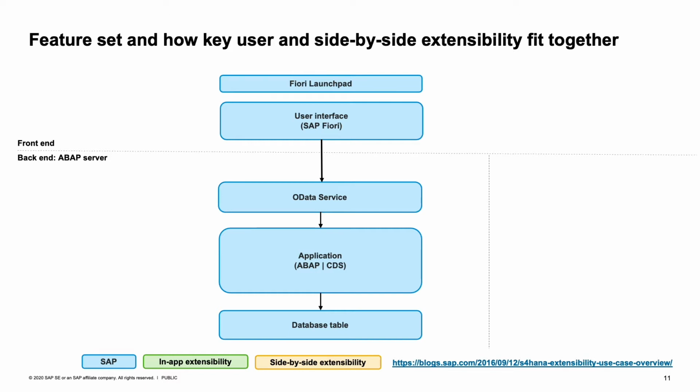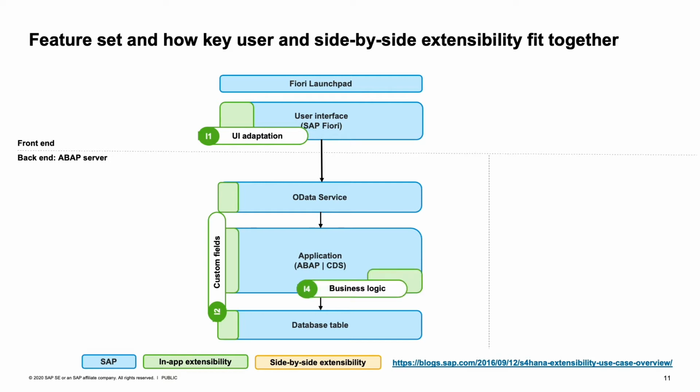And now we come to the green boxes. The green boxes are the boxes that show how you can extend the standard with in-app extensibility. First of all, you can adapt the UI according to your needs. You will see that in a demo. Also, you can create your own custom fields. You will also see that in a demo. What you can also do is you can create your own business logic. That means adapt the standard business logic.